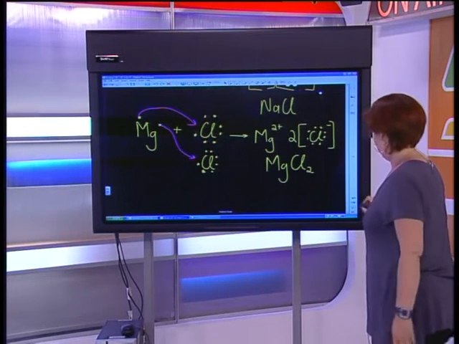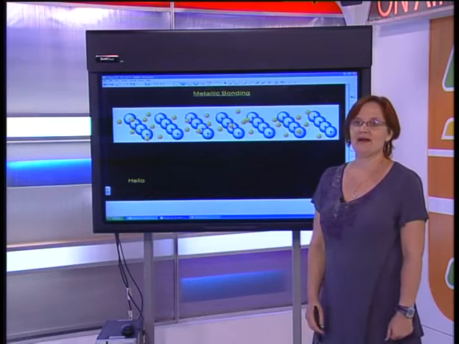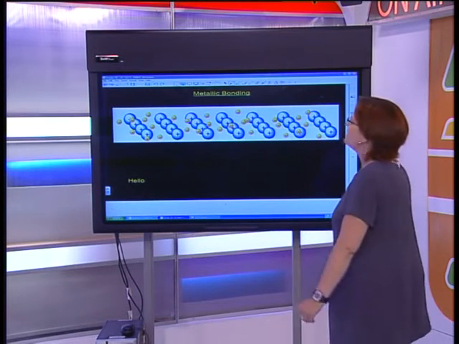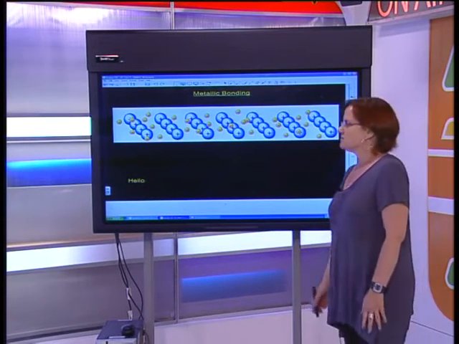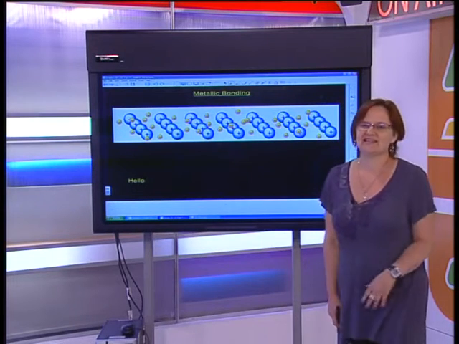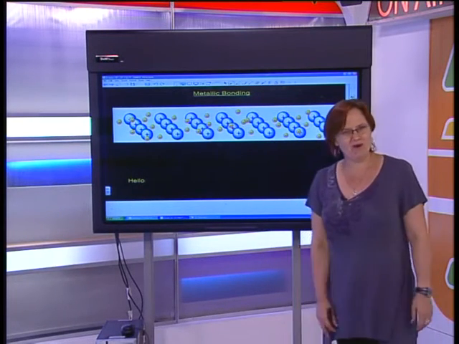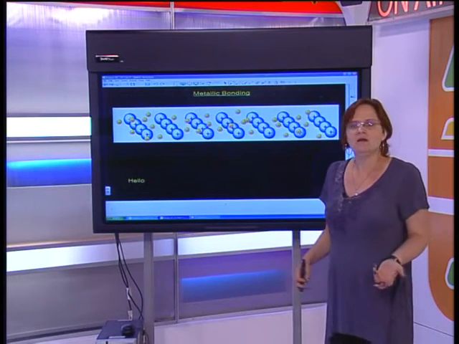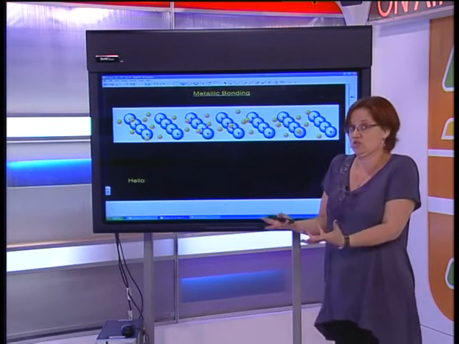Okay, now our last bonding. Metallic bonding is very special. We call it metallic bonding, but it's a little bit misleading because metals don't really bond with each other. They form what we call alloys, metal mixtures.